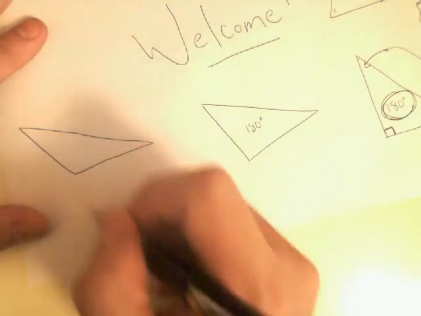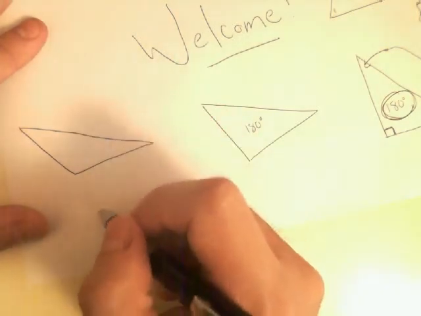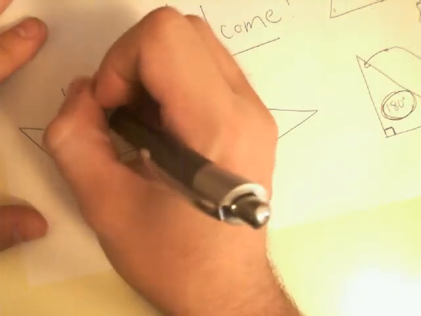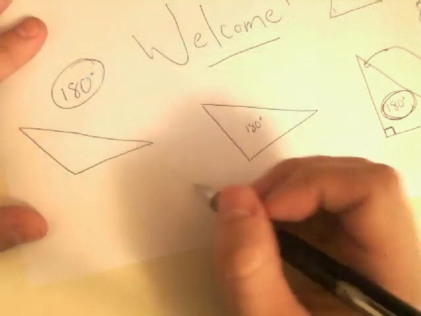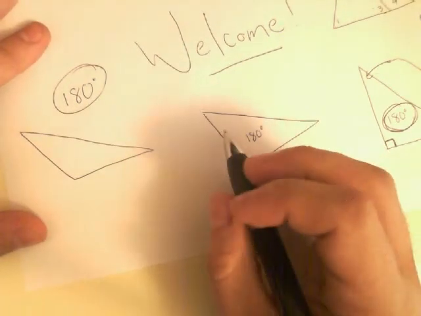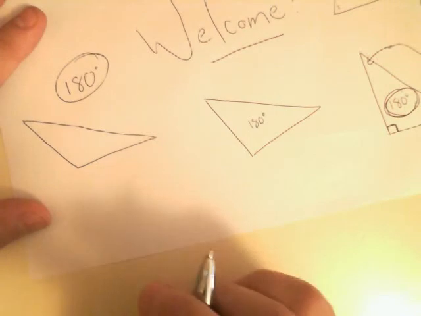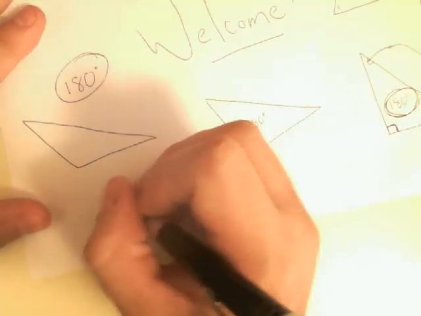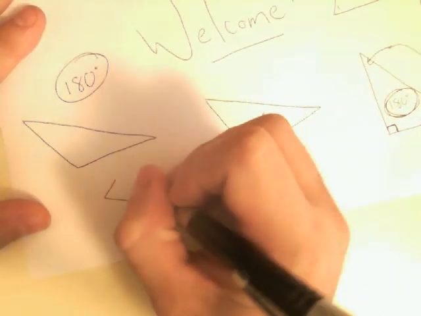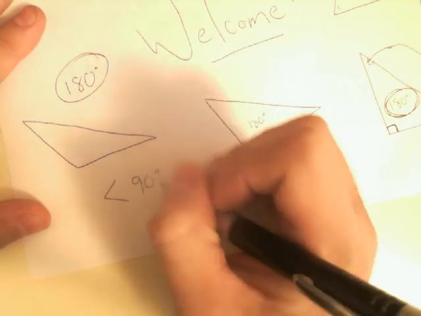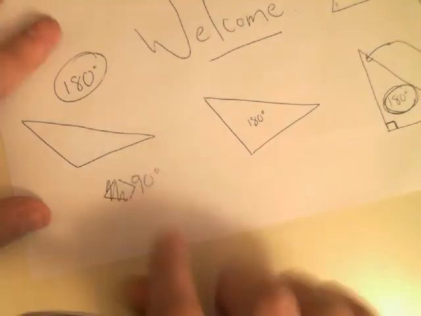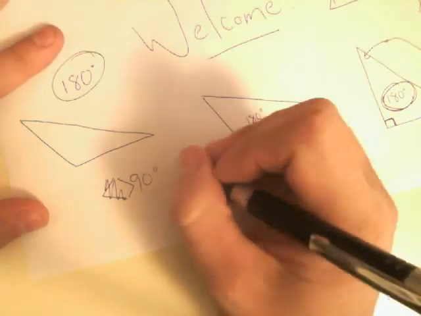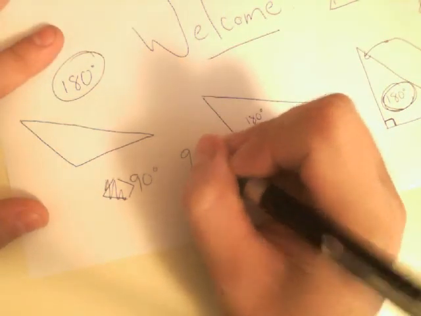Well, think about it for a second. If you remember, like we said, the interior angles of a triangle have to sum to 180 degrees. And an obtuse angle is any angle that is greater than 90 degrees. Well, let's make it really small, a small difference, say 91 degrees.